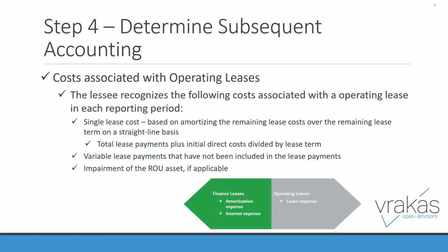Any variable lease payments under the operating lease model are also expensed as incurred if they are truly variable and not based on that rate or index. So it might be kind of hard to see this little diagram at the bottom, but under the finance lease, you're going to have amortization expense and interest expense. And under operating leases, you'll have lease expense.